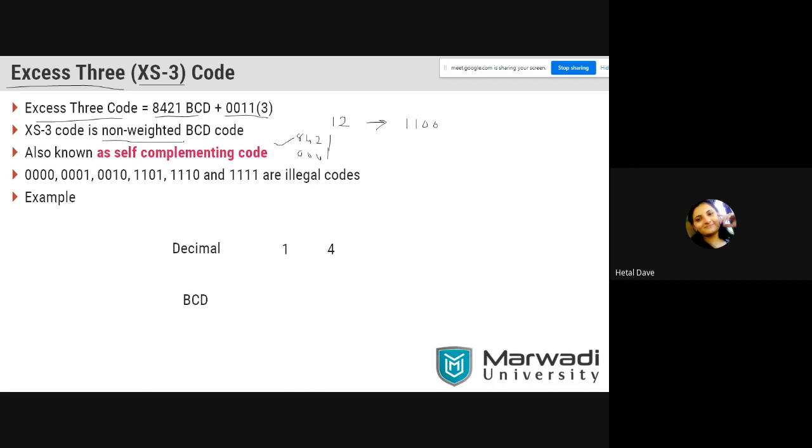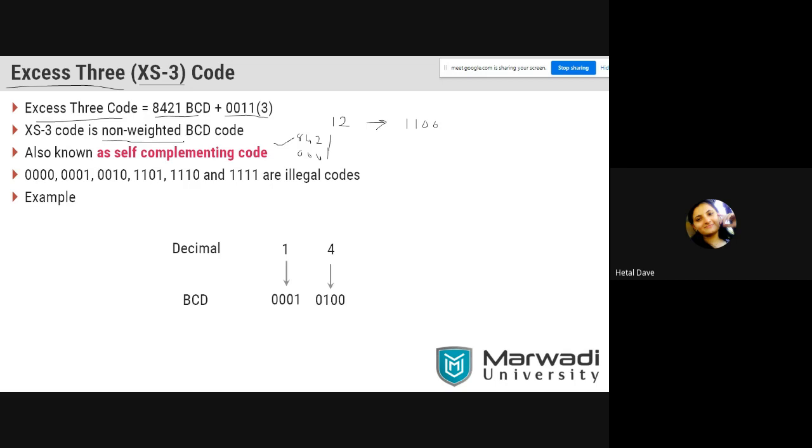First of all, it will be converted to XS3. In BCD, 1 is considered separately, 4 is considered separately. Now XS3 means plus 3. 1 plus 3 will be equal to 4. 4 plus 3 will be equal to 7. So what is the 7 bit pattern? 0111.